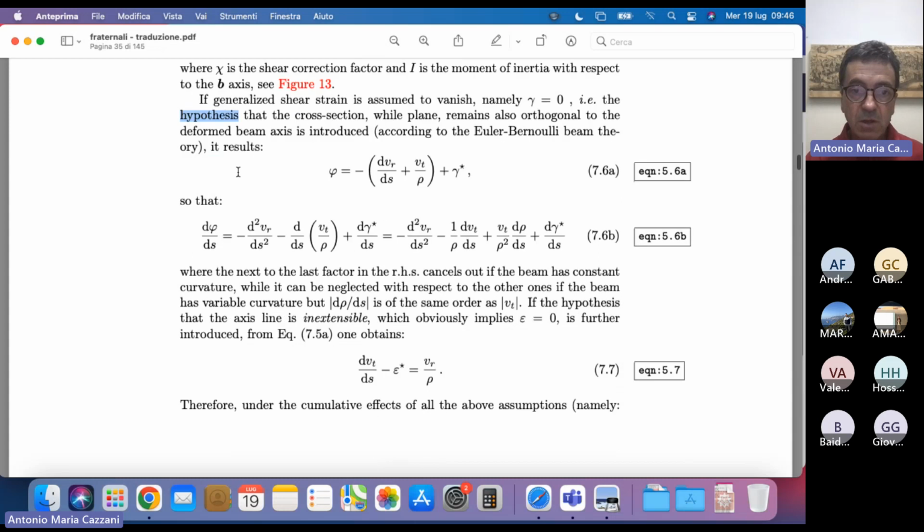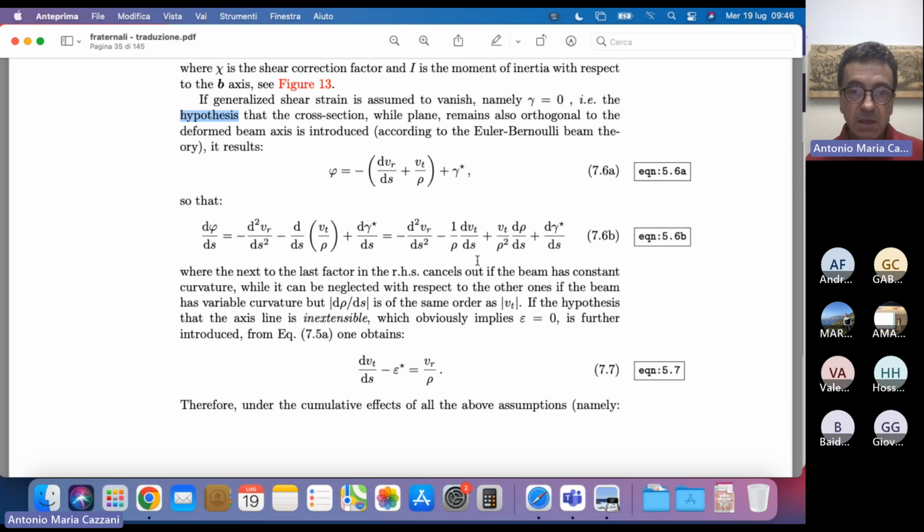Of course, we see that taking the derivatives gets these four terms. The last one is linked to the prescribed shear distortion, which can exist anyway.